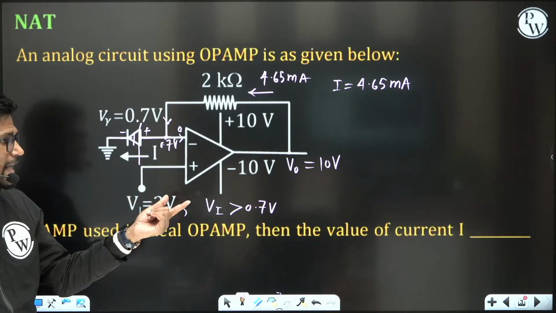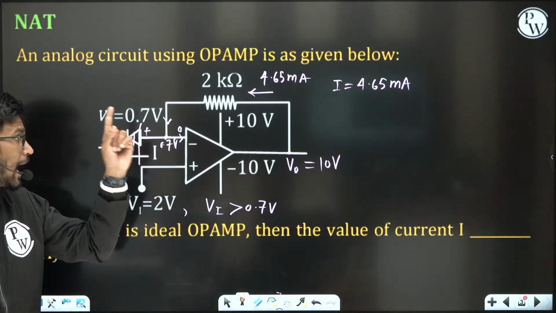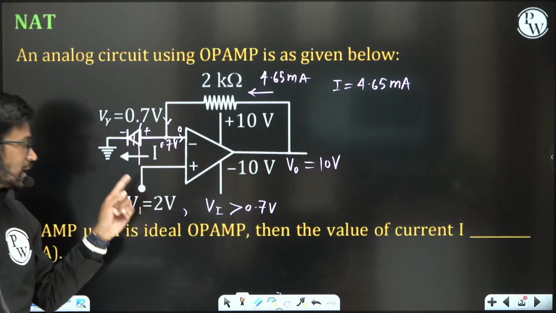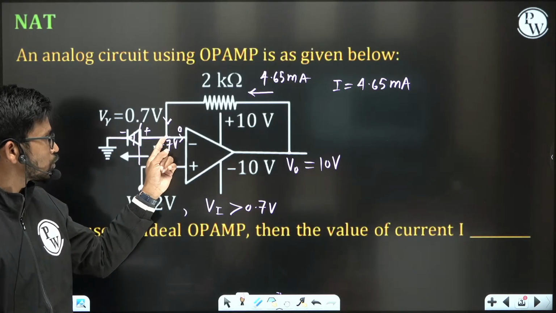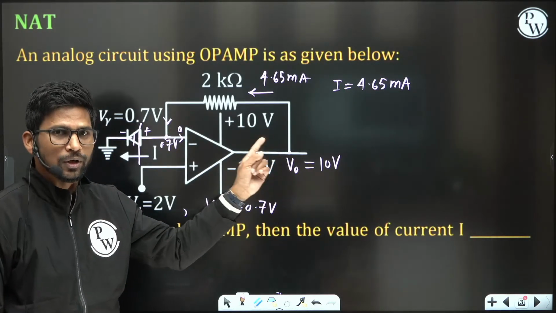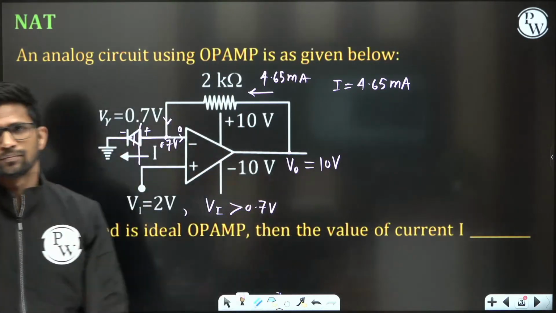And if this Vi is less than 0.7, this diode will not be in on condition, and then negative feedback will be present. This 2 volt is equal to this 2 volt, and this output will also be 2 volt, and the current through this 2 kilo ohm resistance will be 0.